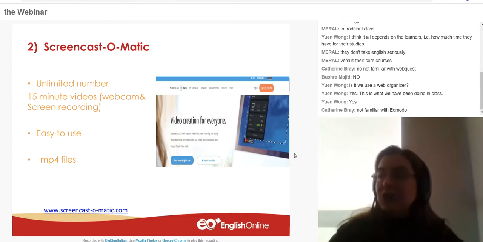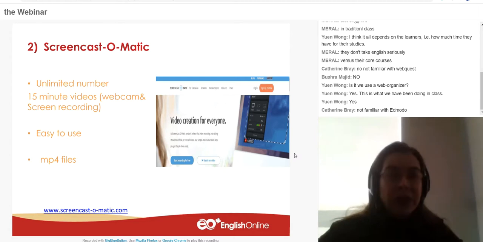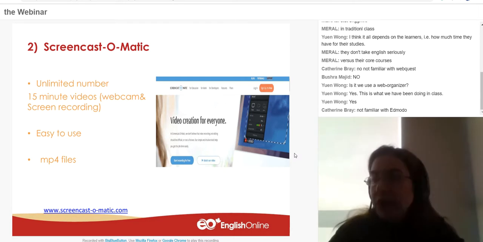So Screencast-O-Matic is a video creation and editing tool that is, of course, free, and it is very user-friendly. What I like about it is that you can create unlimited number of 15-minute videos. Okay, and what is cool about it is that it could be either using webcam or screen recording.